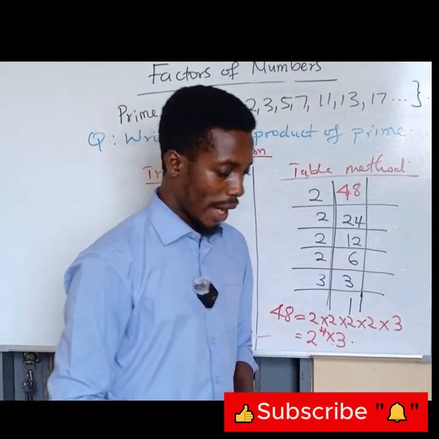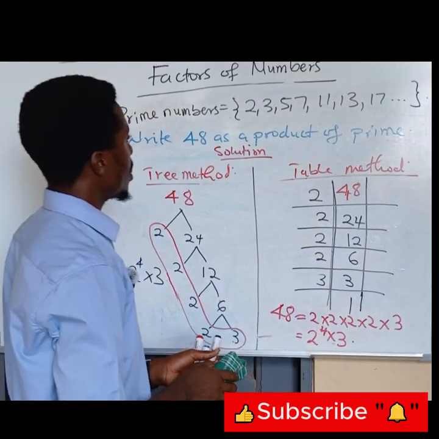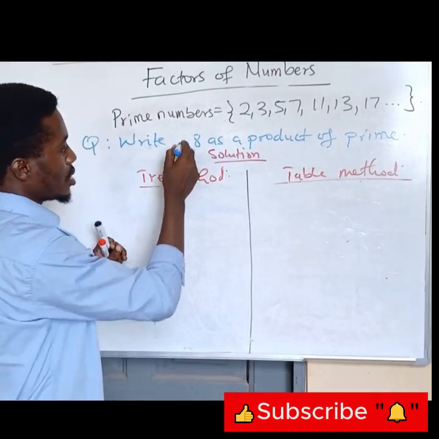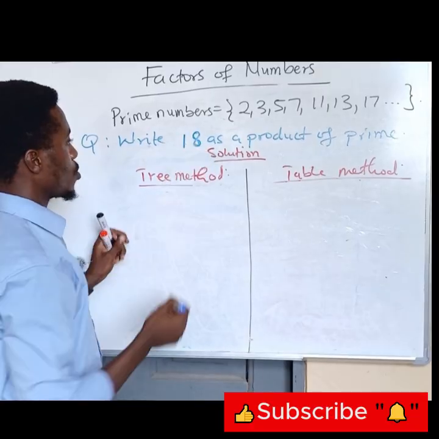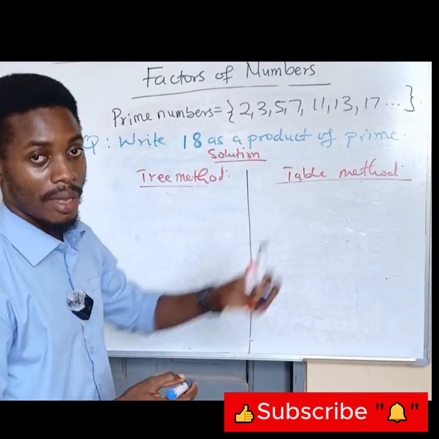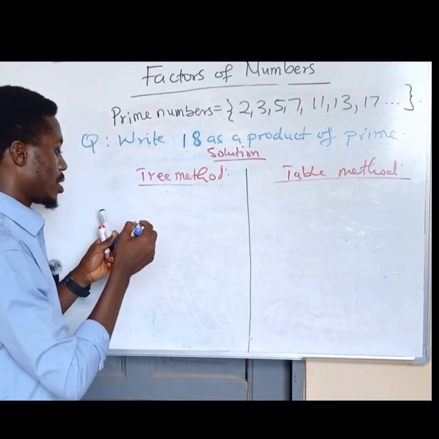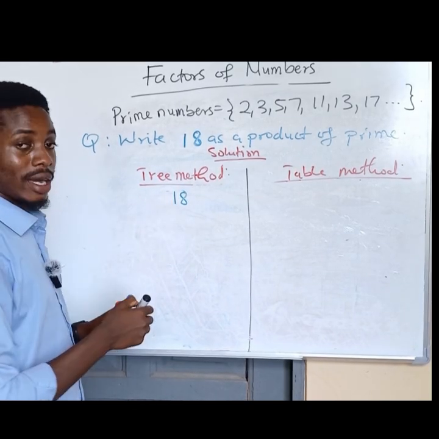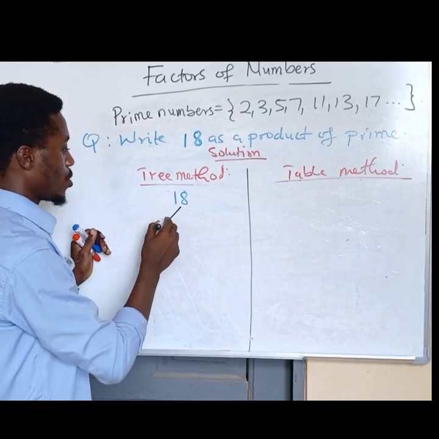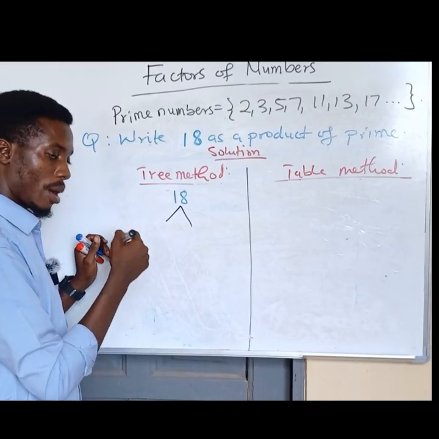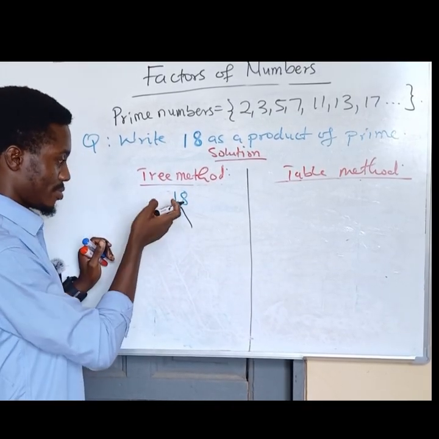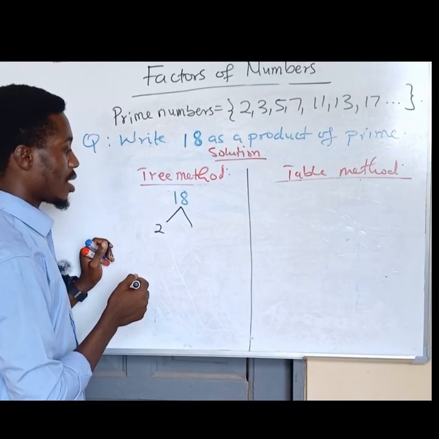Now one last example and then we will move on from here. Let's do 18. Write 18 as a product of prime using the tree method. We have our 18 here, and then we use our tree. Like we always do, our prime number is going to be 2. So 2 divides 18 how many times?